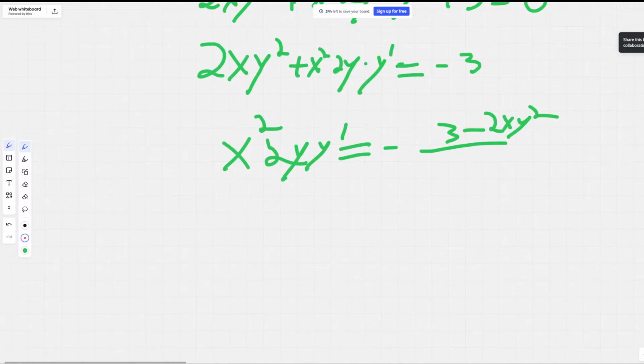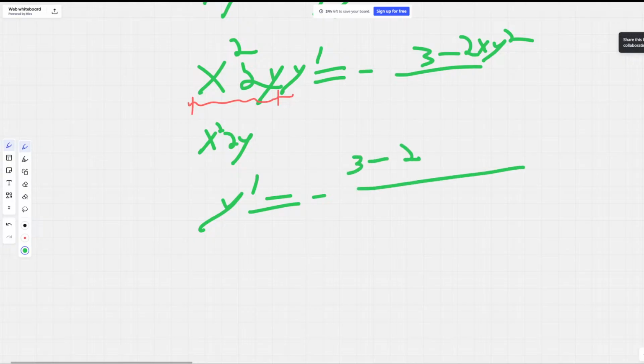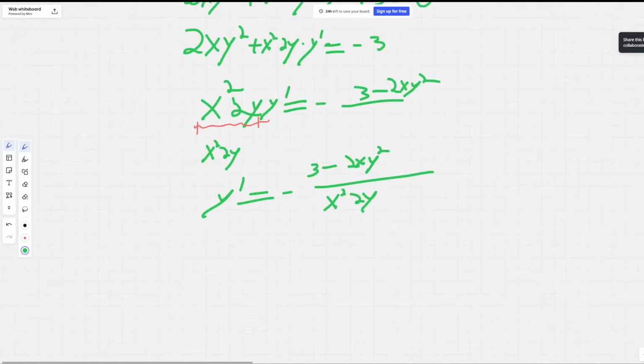Then we will take this section right here. Squared 2y would then be y prime equals negative 3 minus 2xy squared over x squared 2y. Yeah, that looks better. I like that a lot better.